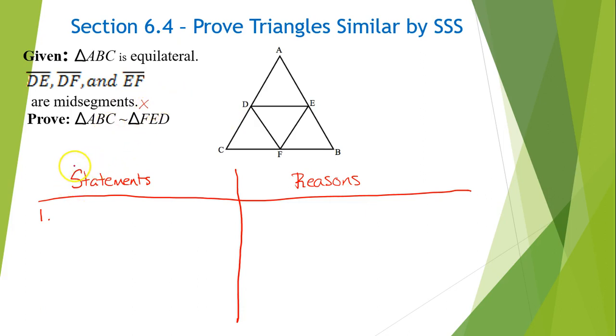Okay, so let's write down: if we know ABC is equilateral, then we should know that AB is equal to CB, and that is equal to AC. All sides are equal to each other, or congruent.